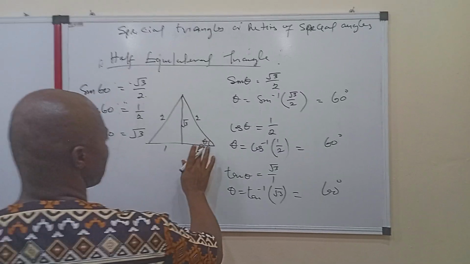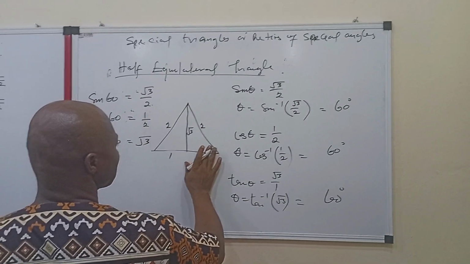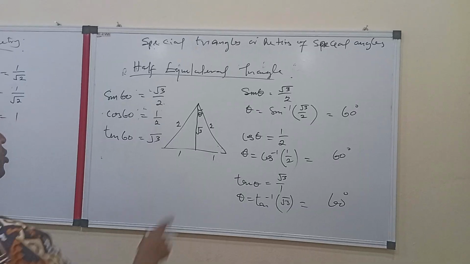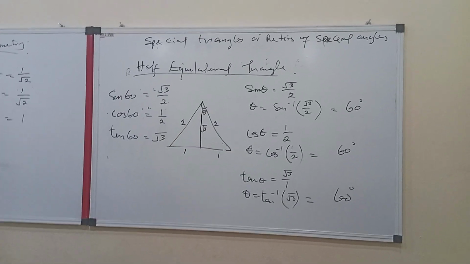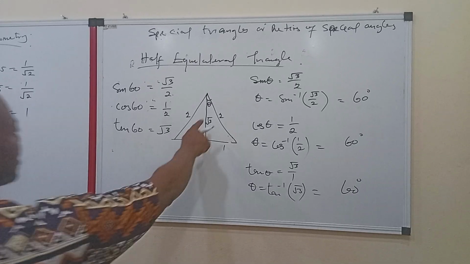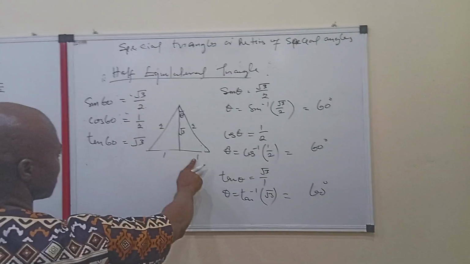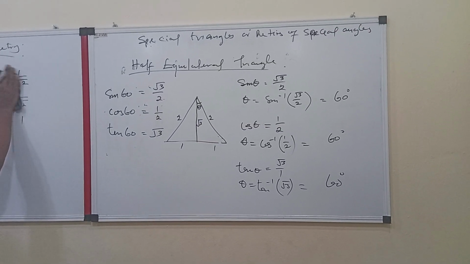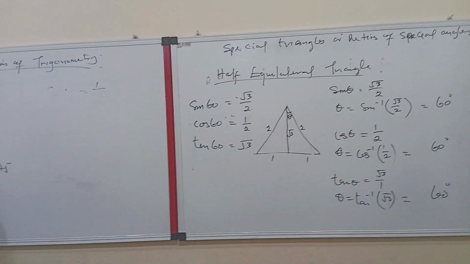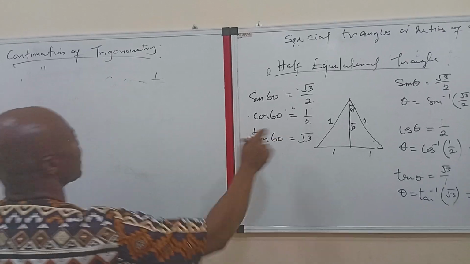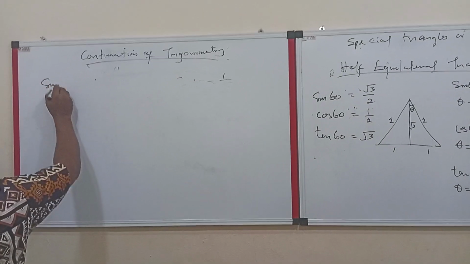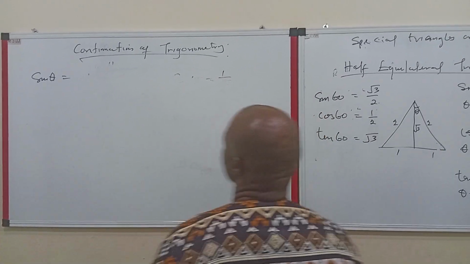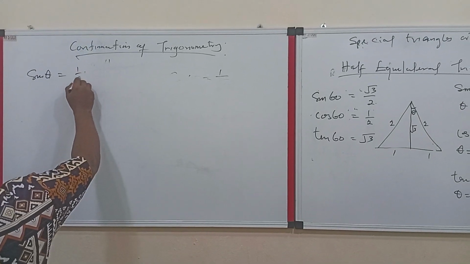Now, if we assume again that the theta is not here, but rather is subtended here, if the theta here is our interest, then the sine of this angle becomes opposite over hypotenuse, which is 1 all over 2.